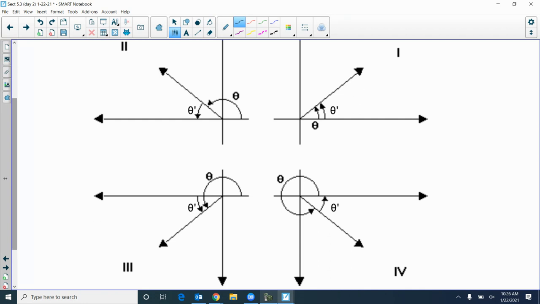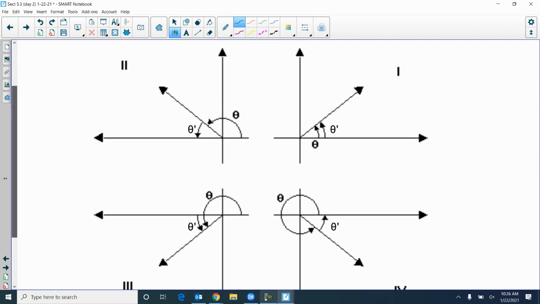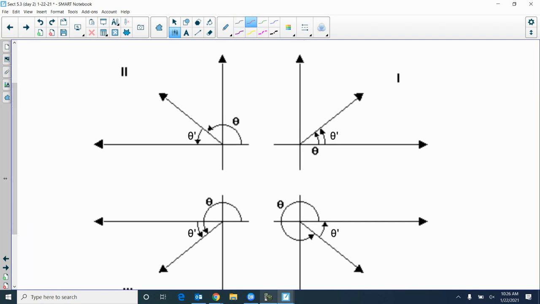In quadrant one, the angle and the reference angle are always the same because it's already acute. So you don't have to worry about that in quadrant one. In quadrant two, let's think about this for a second. If this angle is 120 degrees, what is the reference angle going to be? Mackenzie, any idea? 60 degrees.